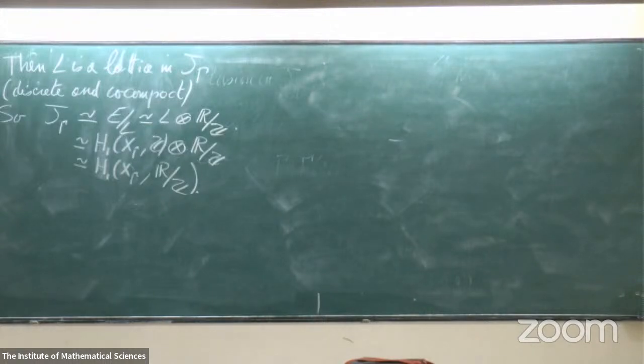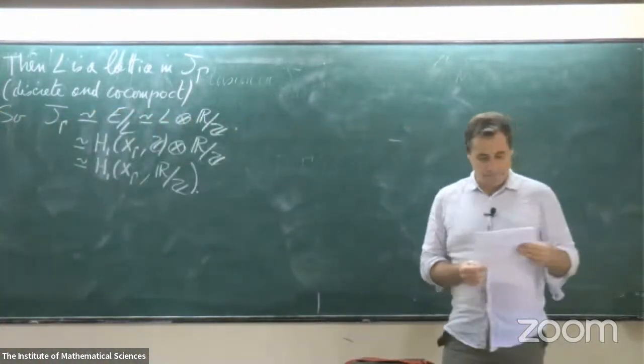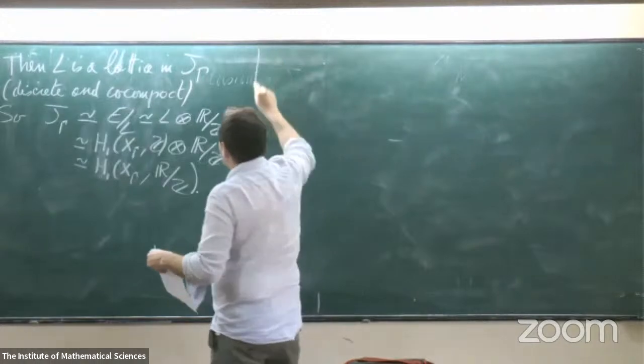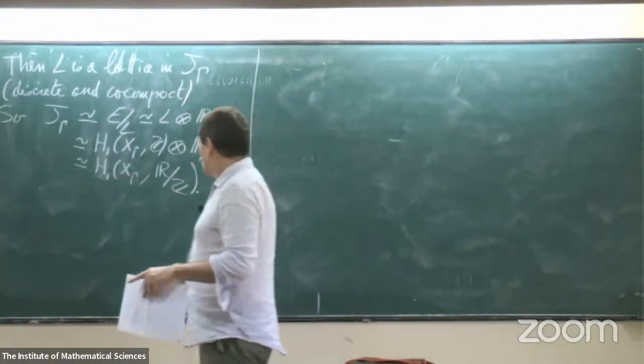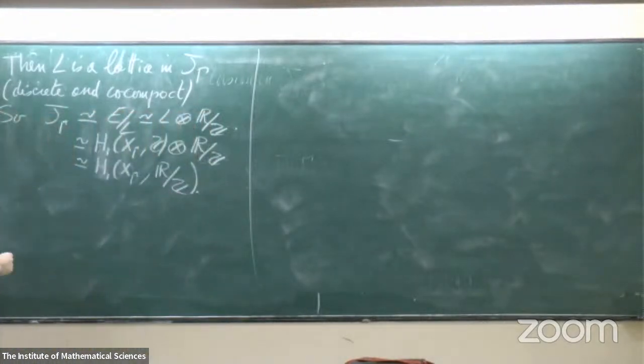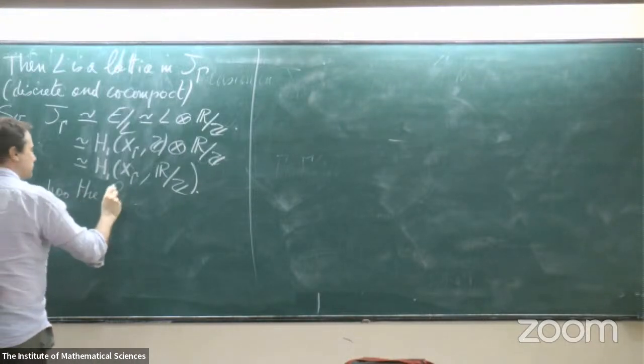There is an explicit description of this group that I mentioned. So this group is key actually to understand the Jacobian. But it can be embedded in a slightly larger group. So one has the long exact sequence.